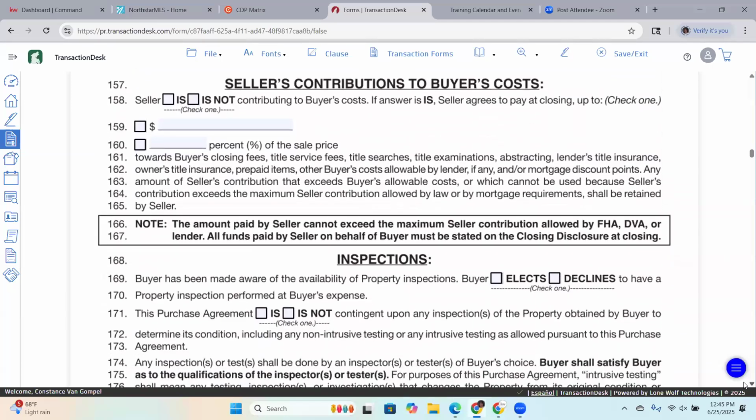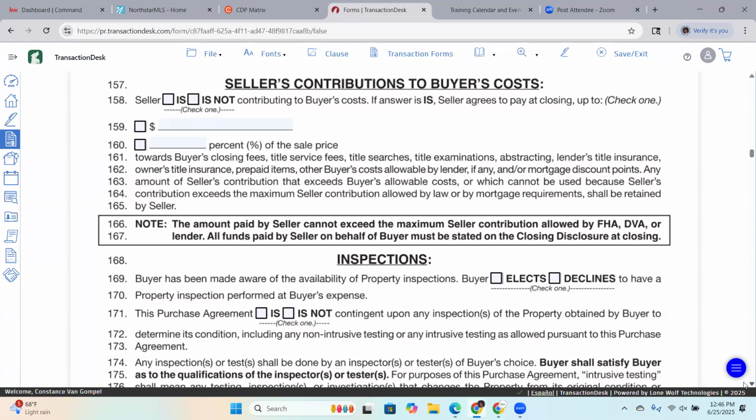Sellers' contributions to buyers' closing costs. I think since we made the change with the lawsuit back in August, a lot of buyers are paying their closing costs themselves and asking to have the agent's compensation paid. So if your seller is going to ask to have some of the closing fees that the lender is charging to be paid by the seller, you would mark it is.